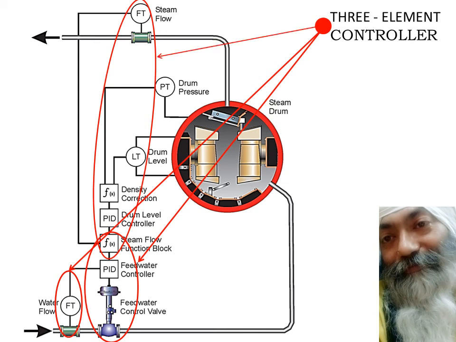So all these three elements are finally able to take care of the inverse response. We have seen that ultimately the swelling and the shrinking of the boiler is taken care of by adding all these three elements together and tuning them properly.